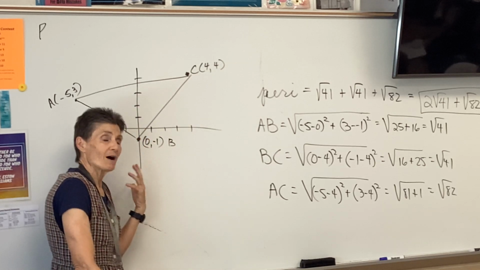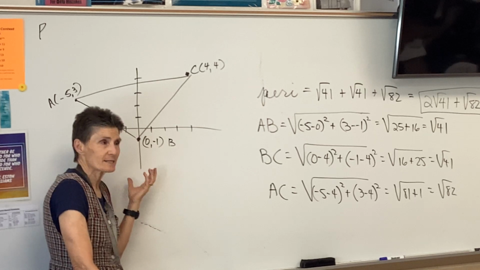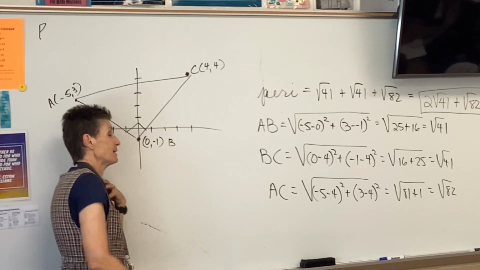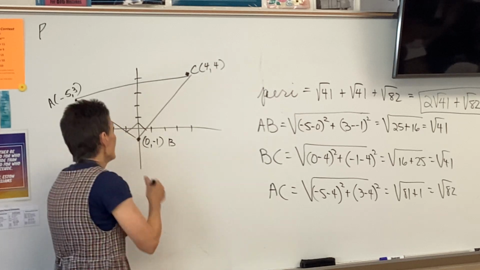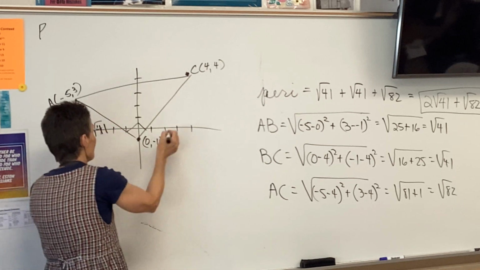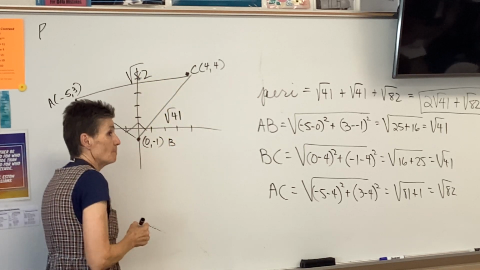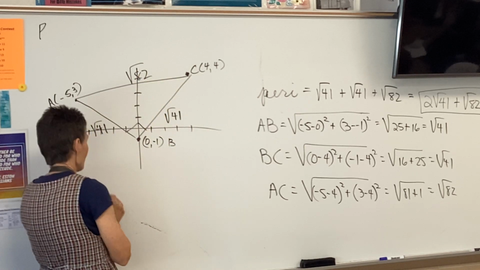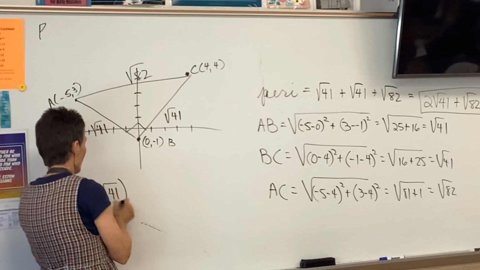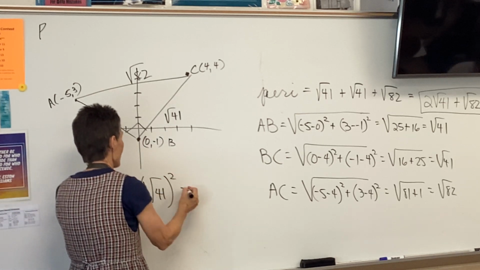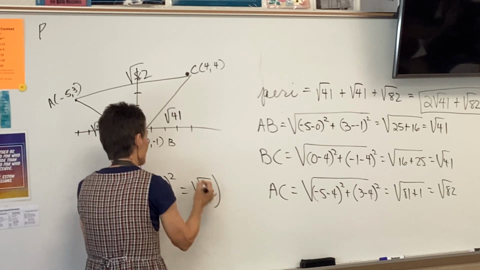You can probably eyeball it and see, but there's a mathematical reason that that right there is the right angle. This is root 41, this is root 41, and this is root 82. I want you to look at something. Root 41 squared plus root 41 squared equals root 82 squared.